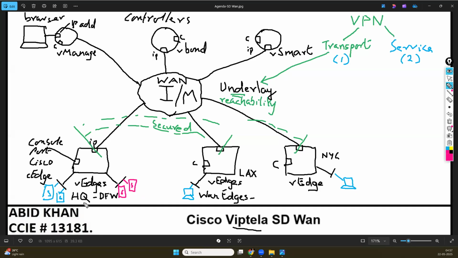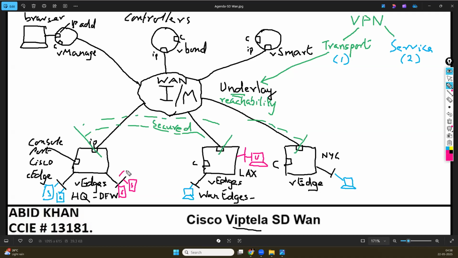Or I want some branches to communicate only with this color. So let's say I will have over here also another segment. I want this pink color users, I don't want them to access the blue color servers.